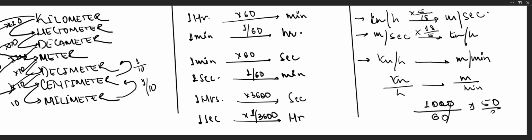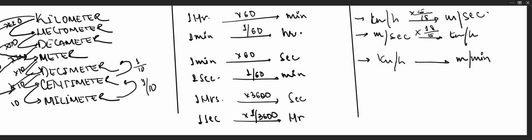After cancelling both the terms, we will get 50 by 3 as our result. So if we want to change kilometer per hour into meter per minute, then we will simply multiply it with 50 by 3, and vice versa, if we want to change meter per minute into kilometer per hour, then we will multiply it with the reciprocal of the fraction, that is 3 by 50.